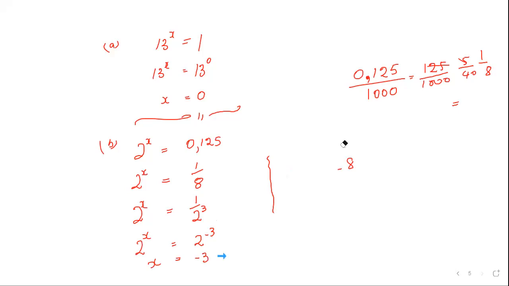Let's have a look at another one. The next one will be of this form here. 3 exponent x plus 1 minus 3 exponent x is equal to 54.